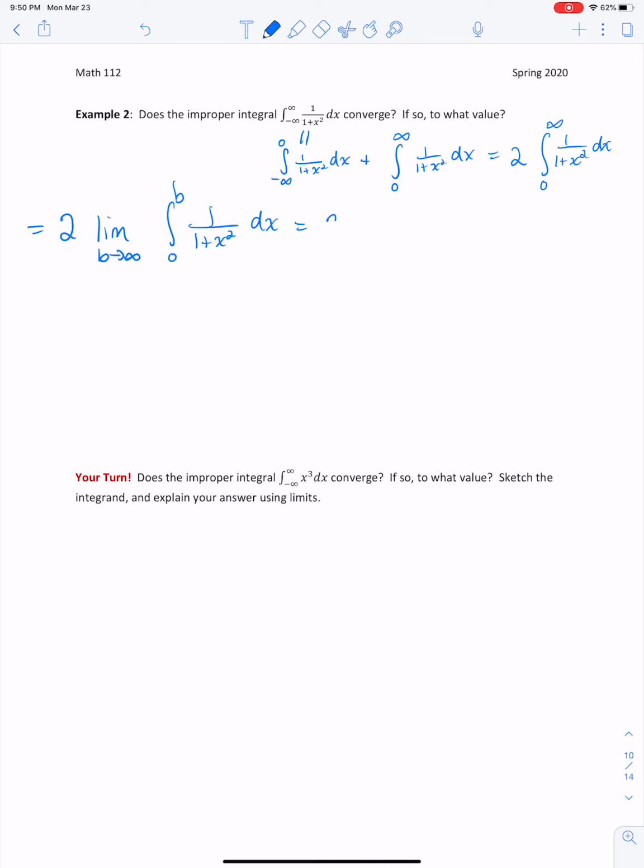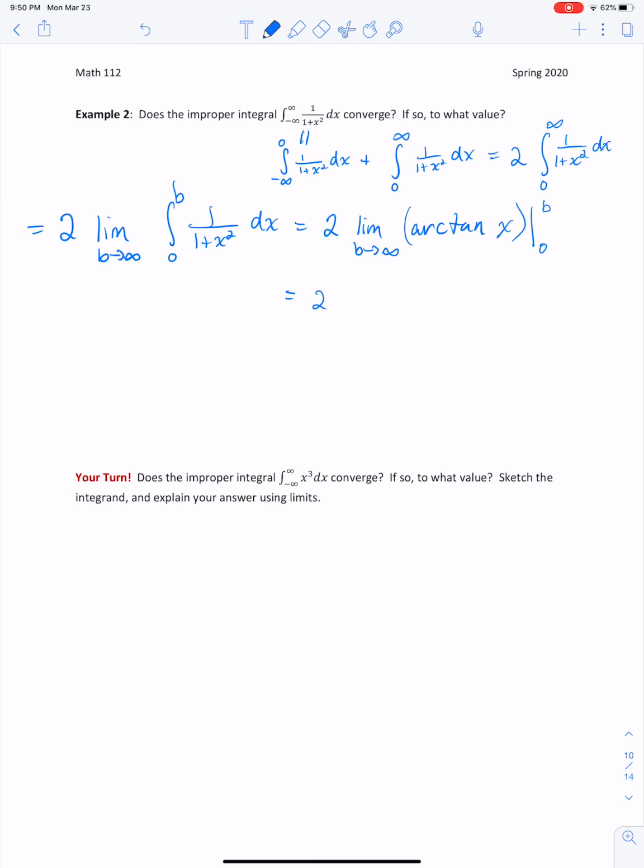So we have 2 times the limit as b goes to infinity of arctangent of x evaluated from 0 to b.